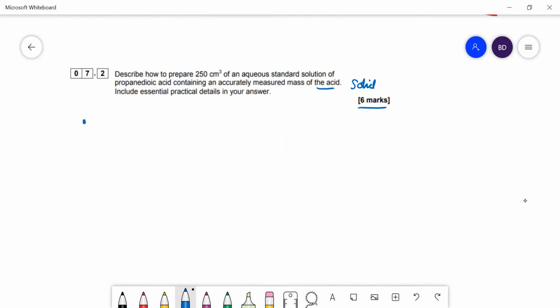You'd get a sample bottle containing the acid. Okay, right. You weigh it. You weigh it full.